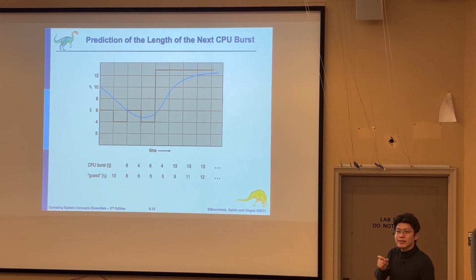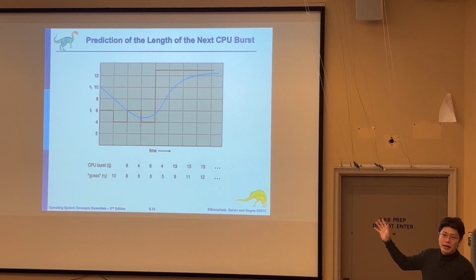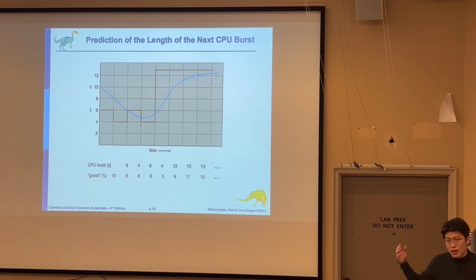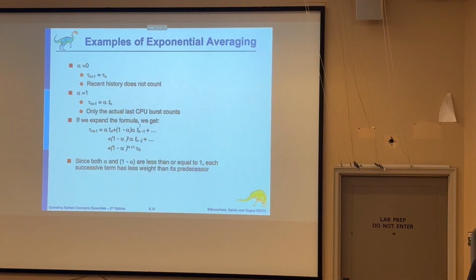They all use the recent history of the previous CPU bursts to predict what will be the next CPU burst. The idea is very simple. This is just an algorithm to showcase how this idea can be implemented. But there are a lot of algorithms implementing a similar idea. So this is an example to show how you do the calculation. We won't go through it here. We won't spend more time on the multi-queue algorithm.